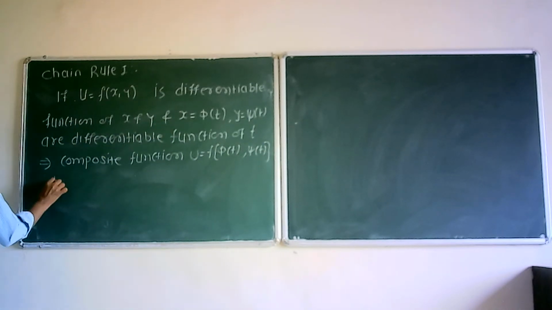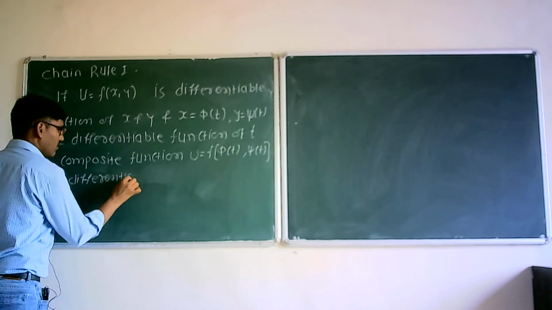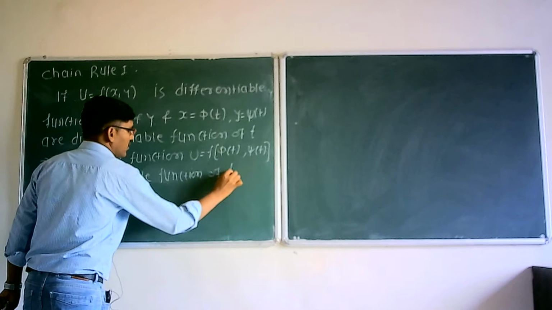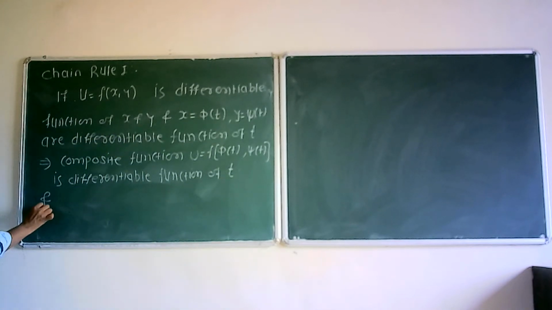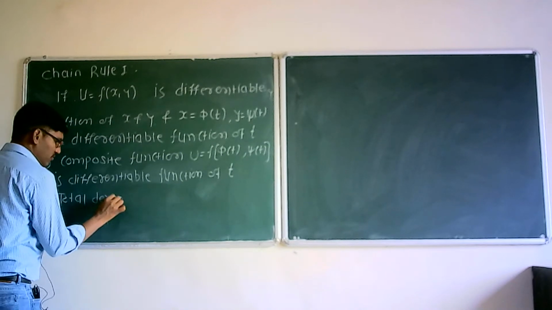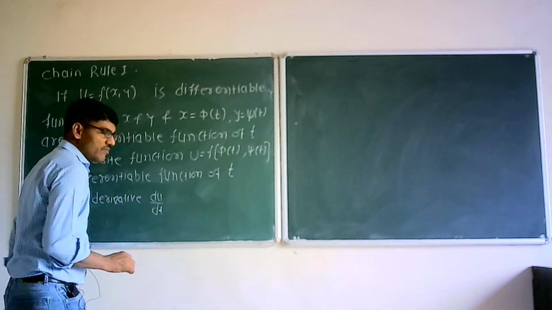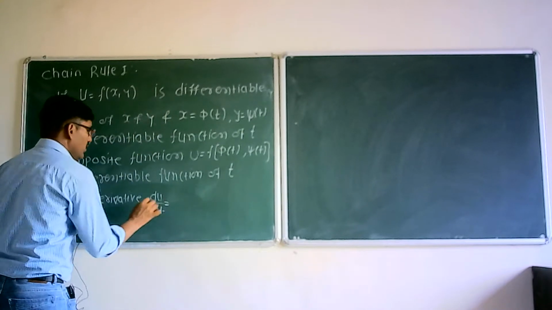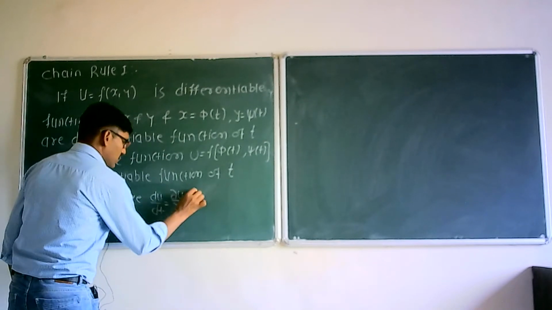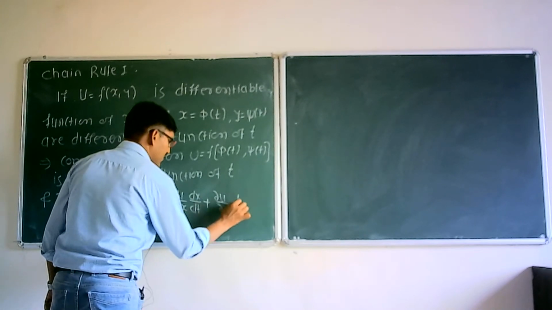is a differentiable function of t, and its total derivative can be obtained by using the formula du by dt is equal to delta u by delta x into dx by dt plus delta u by delta y into dy by dt.